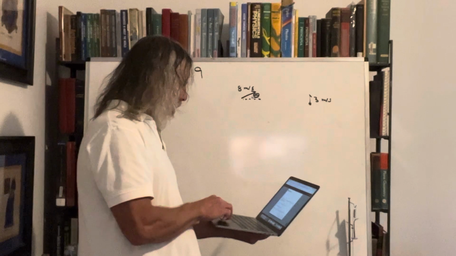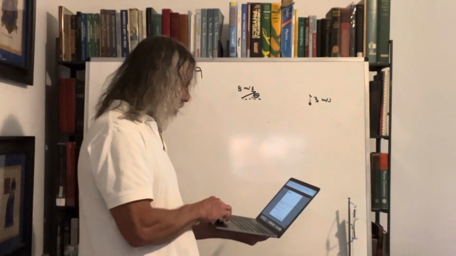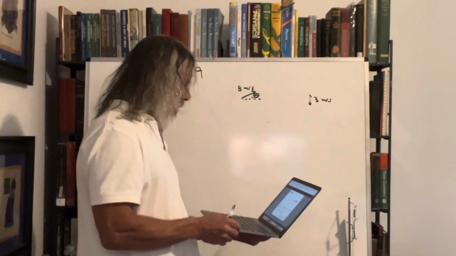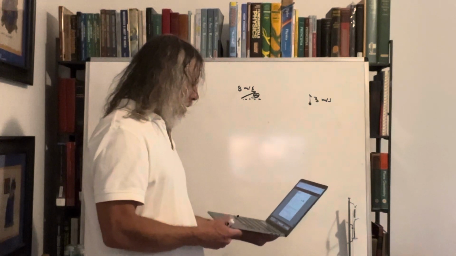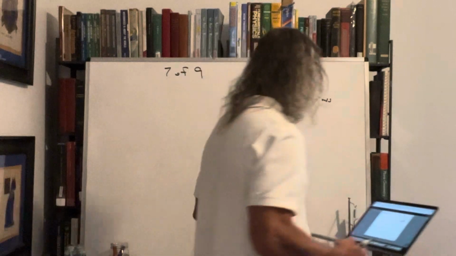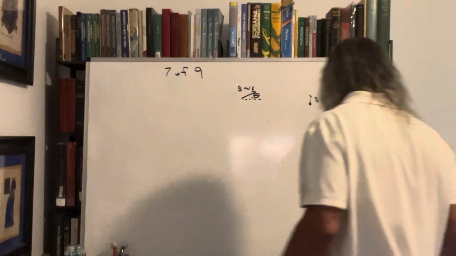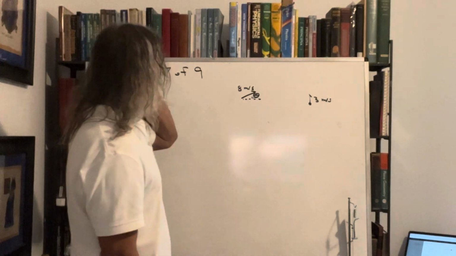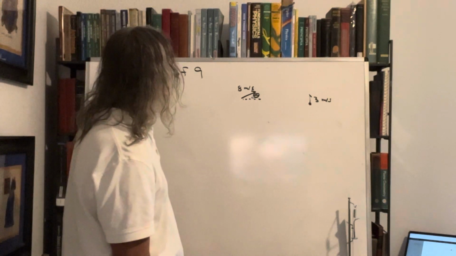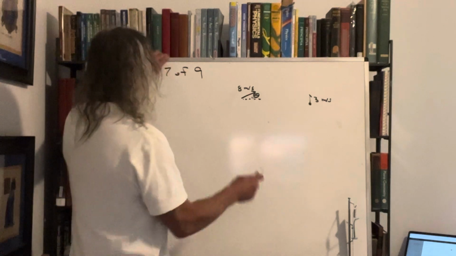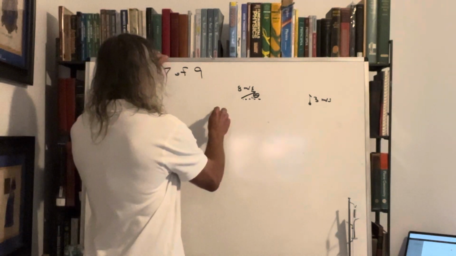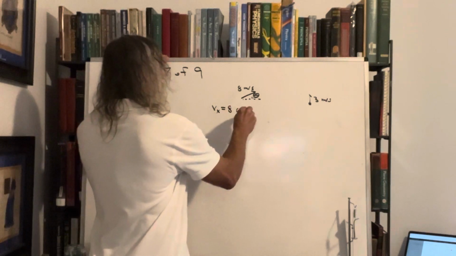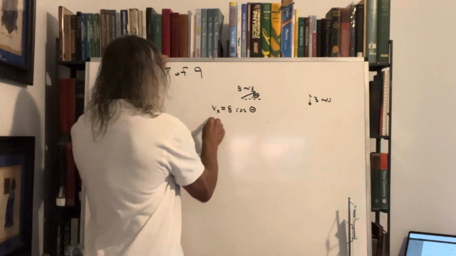All right, so we'll do 8, 3, the components. So here's thrown up 3. So the Vx is 8 cosine theta.